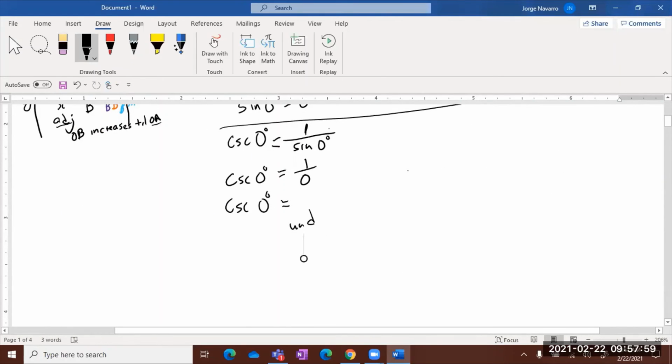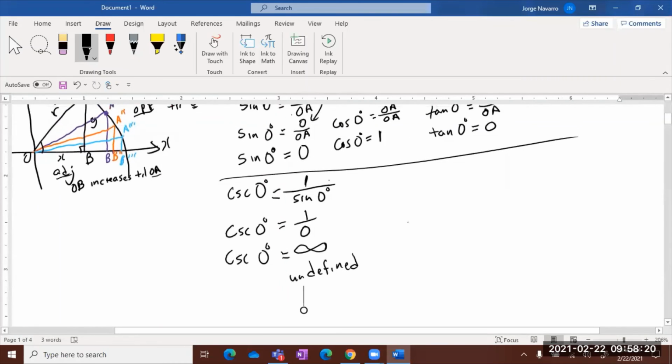Undefined. But there's no way that I can put the word undefined, so I'm going to be using this symbol, right? The infinity symbol for it. Okay? You with me? So undefined.